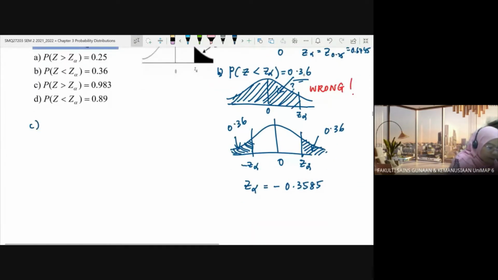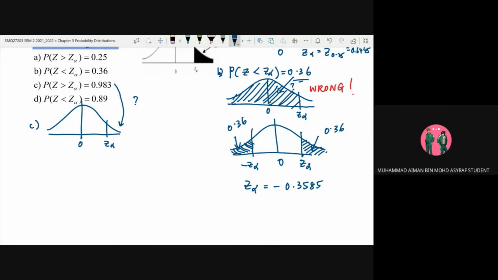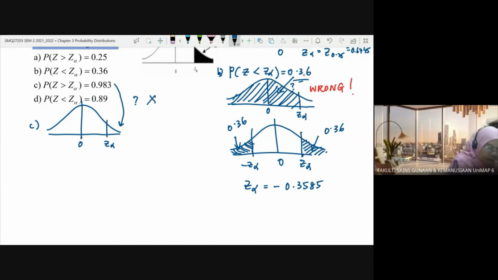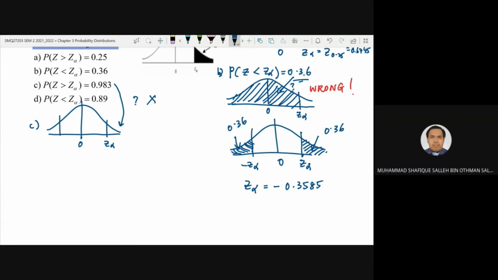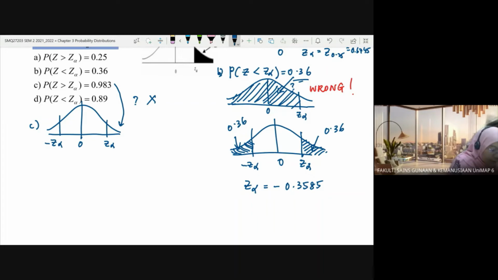C, you are looking for, okay, 0 here, Z alpha. If let's say Z alpha is over here, is it possible that this is the area, class? No, this is wrong. What about this one? No. So what about this one? Z is a negative value and it is greater than. So greater than, yes, makes sense.